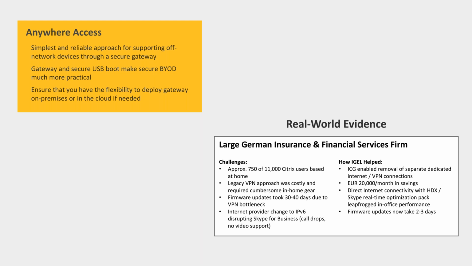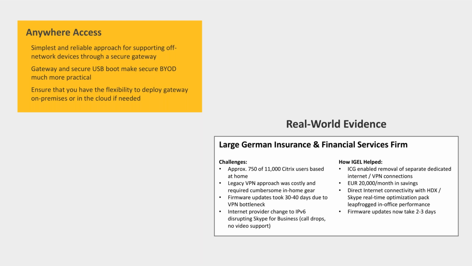So this was a case where they decided to shift their approach to using the IGEL Cloud Gateway. That immediately saved them a ton of money. They were able to get rid of all those dedicated VPN and internet connections, which on its own saved them about 20,000 euros per month.